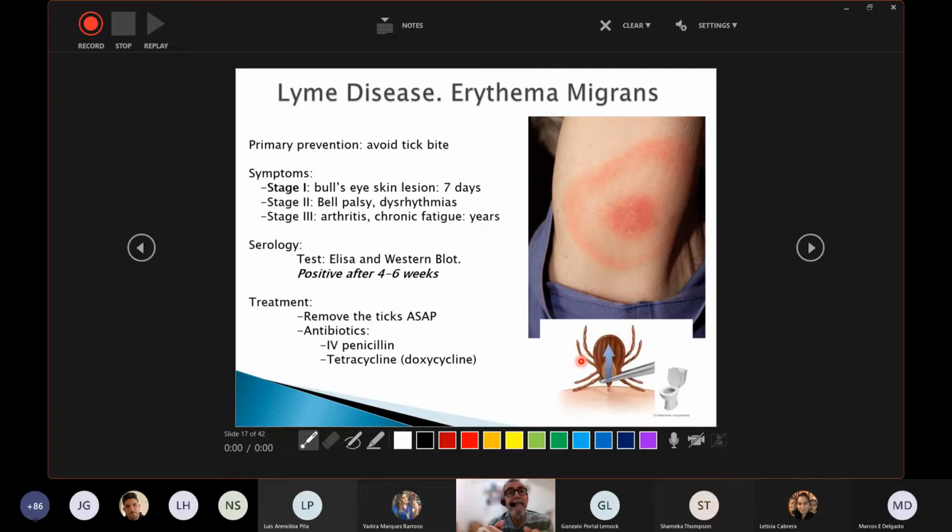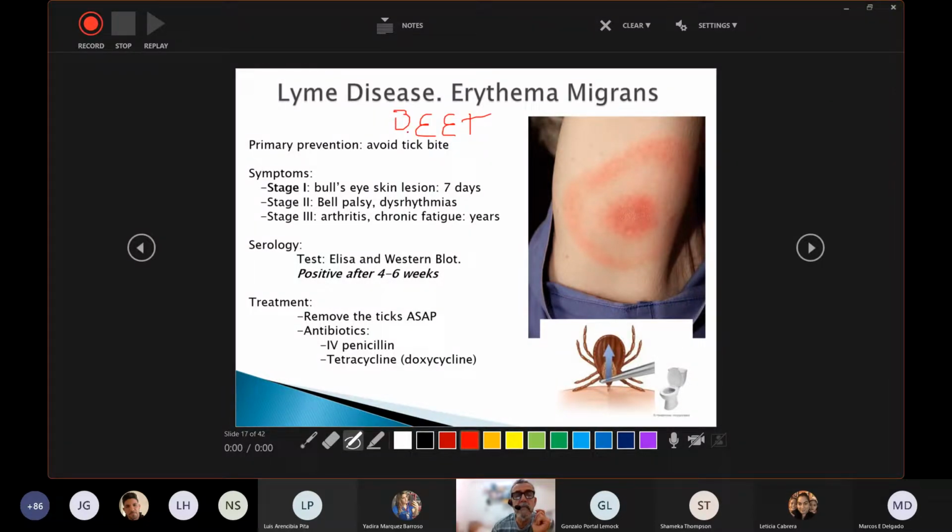The ticks love to jump onto dark colors, maybe because they think that you are a deer, no? So if you wear clear colors, there is less possibility that the tick jumps onto you. You can spray repellent on your clothes, okay? The most commonly used repellent that is not toxic is called DEET.